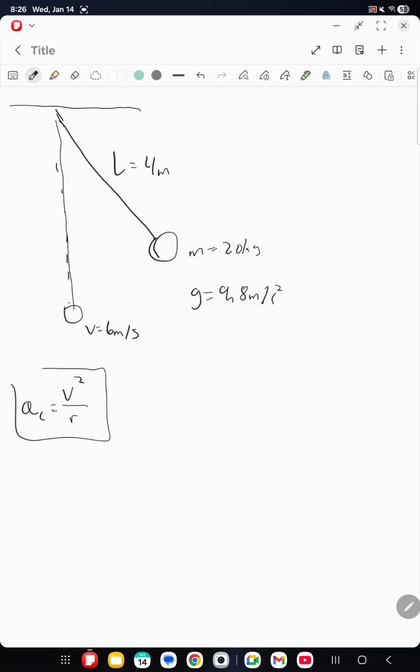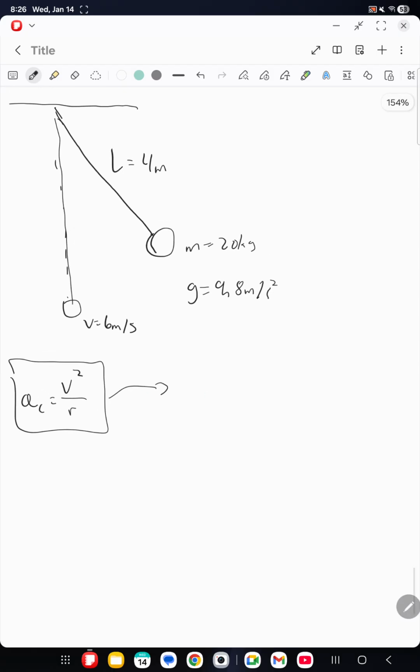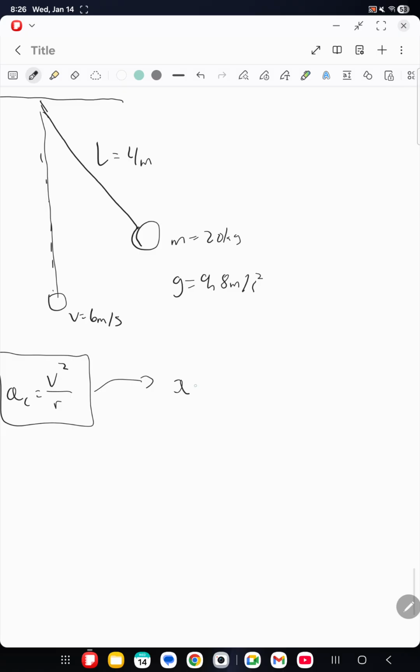This is the equation for centripetal acceleration, which we will use to find multiple things. Here r is literally L, which is 4 meters. So we'll have 6 squared over 4, which is 36 over 4.